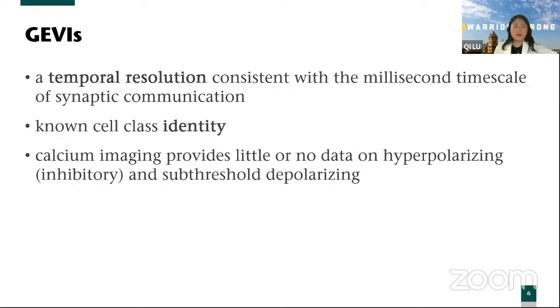So the GEVI, the genetically encoded voltage indicator, has a temporal resolution consistent with the millisecond time scale of synaptic communication.